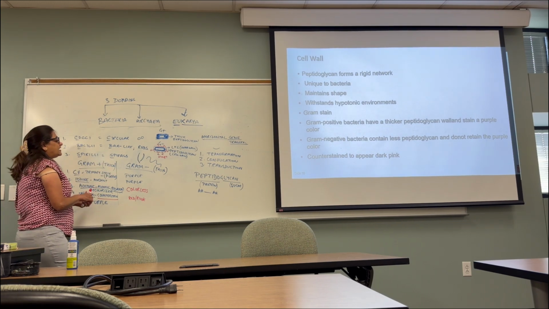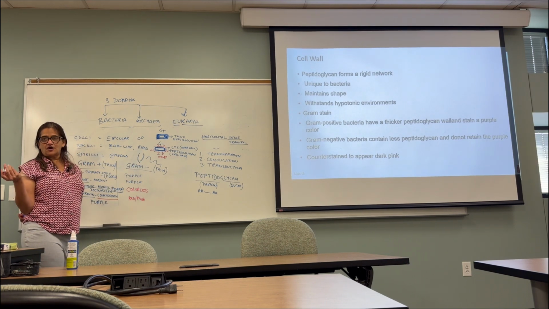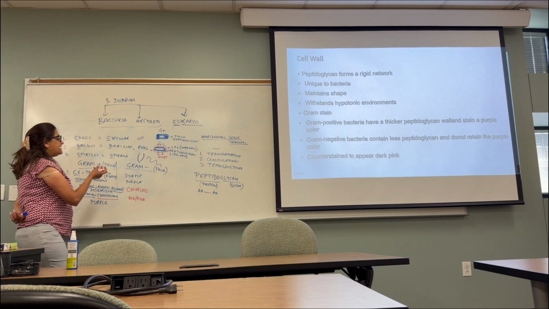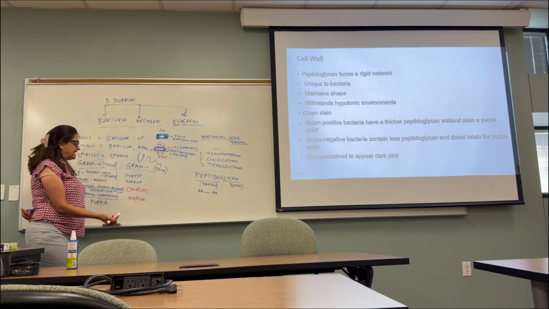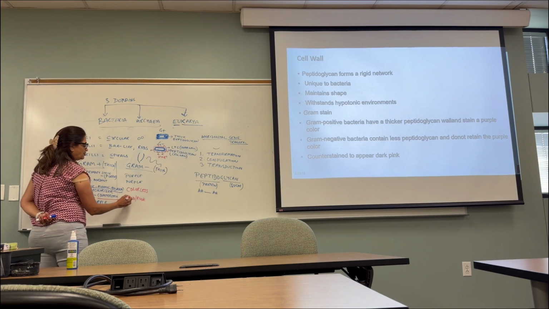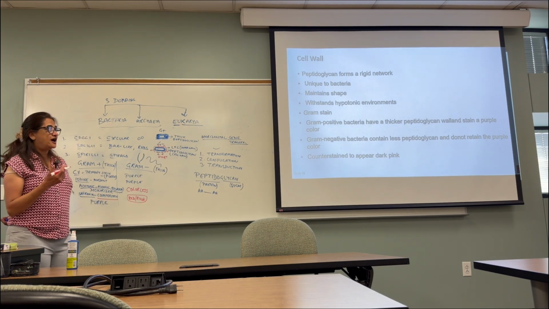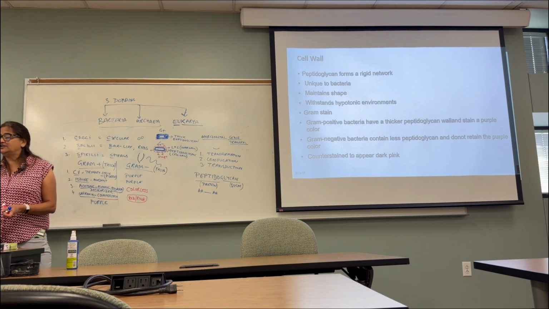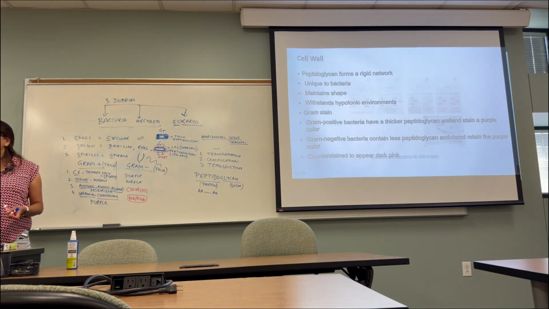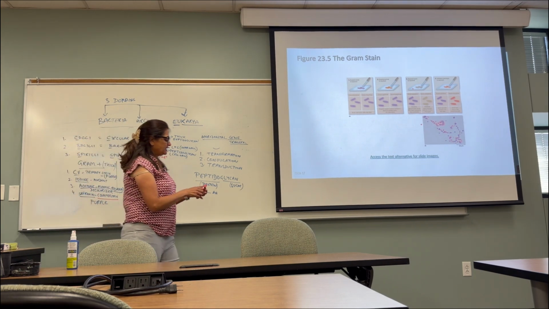Whereas the gram negative bacteria, they lost the color of the gram stain, and that's why they are called gram negative. And instead of purple, the gram negative look red or pinkish in color under the microscope. Okay, and that's how you can tell from this picture.